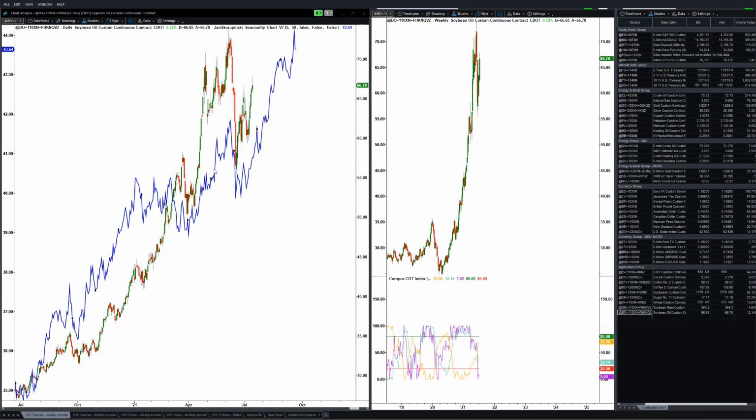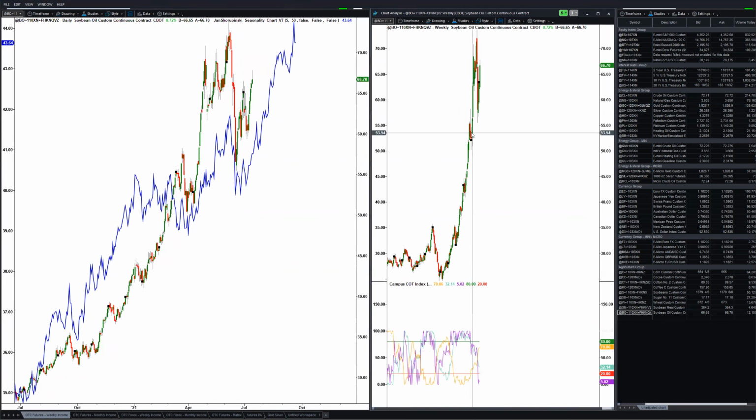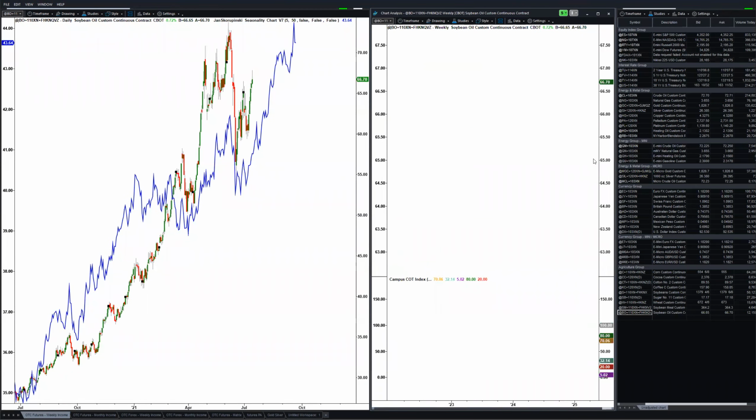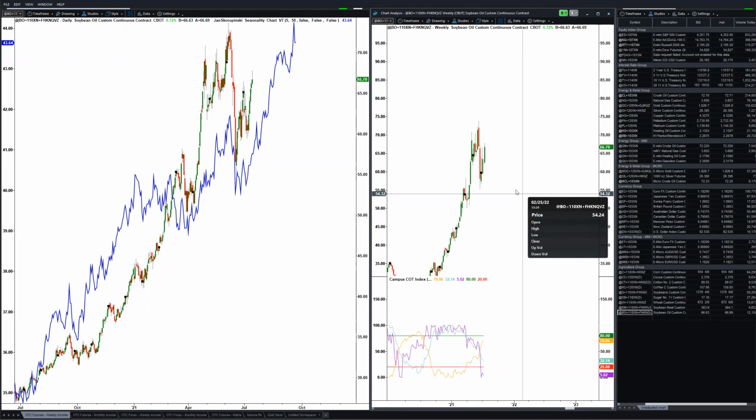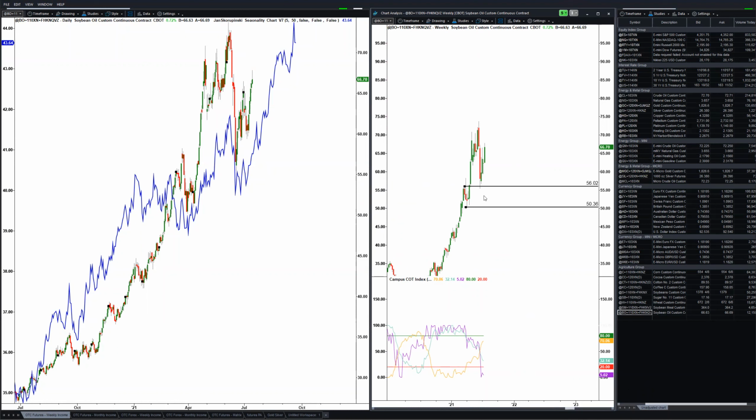Also nicely seasonal, right? And if you look at the zones, see also the weeklies, right?